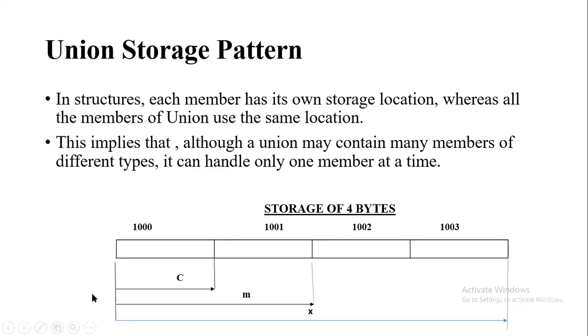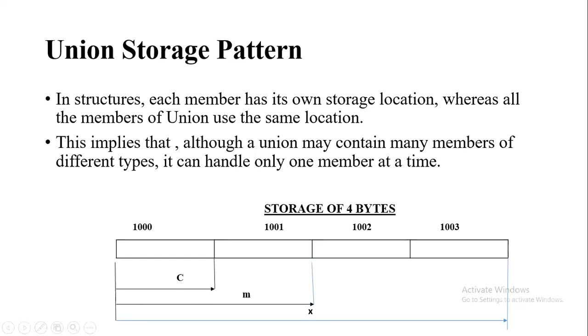In this case, the maximum we have is for float, or int. So a storage of 4 bytes is taken, you can see. It will store M or X like this and then C in the same location.